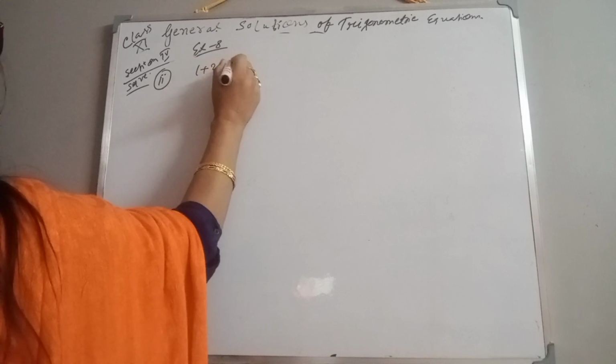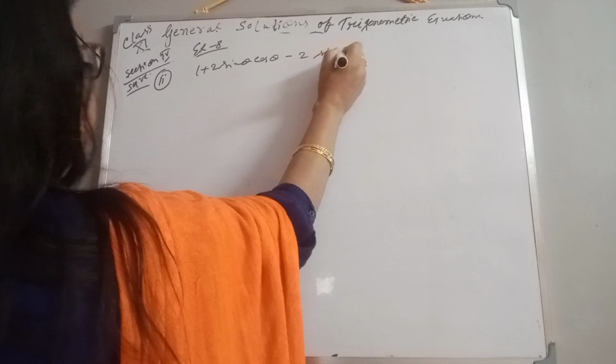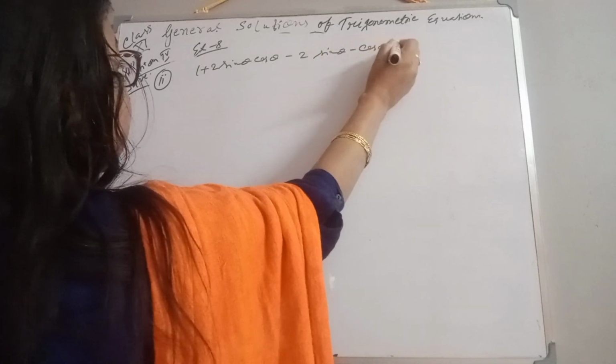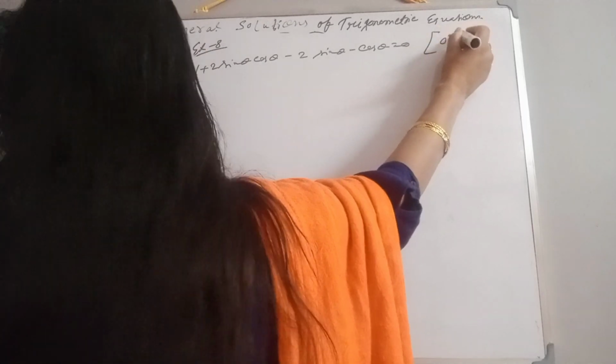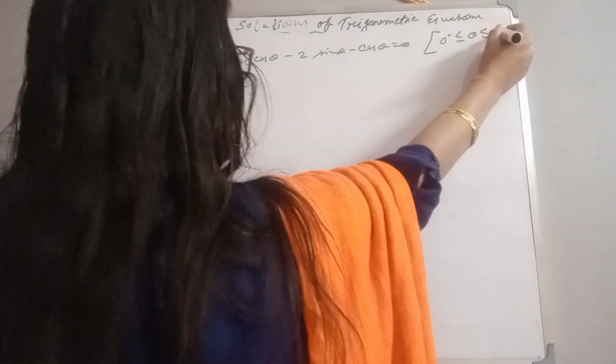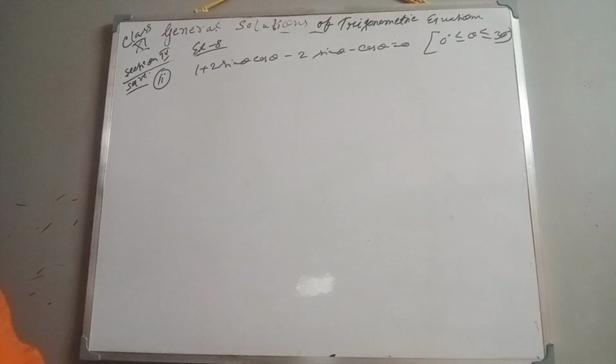Okay, now number 2. 1 plus 2 sine theta cos theta minus 2 sine theta minus cos theta is equal to 0. The range is given: 0 degree less than or equal to theta less than or equal to 360 degree. This is given in terms of degree.